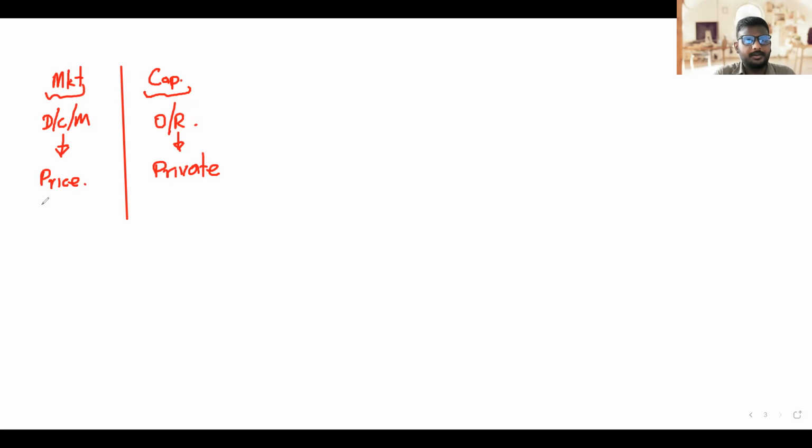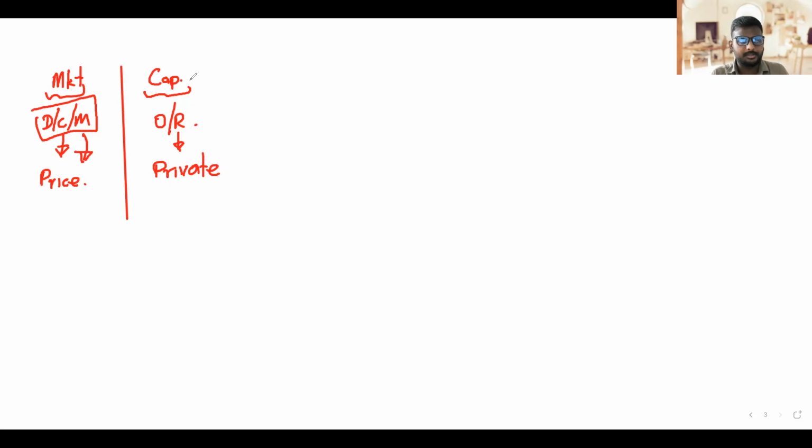So that is what's happening here. Market economic system and capitalist economic system are not necessarily the same. There is a difference. Market economic system is a classification of economic system under decision coordinating mechanism, where price mechanism is the decision coordinating mechanism.